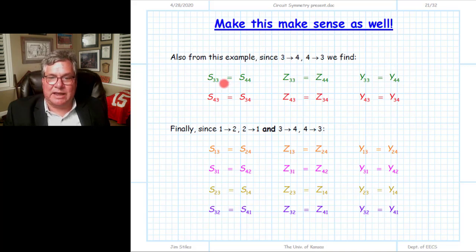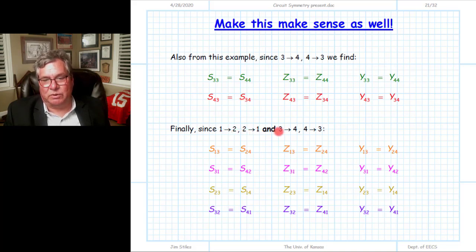And so we can calculate the value of S33, then erase that port name and call it port 4 and recalculate the scattering parameter S44, but it's going to be the same. It's the same circuit. So S33 is equal to S44, likewise for impedance and admittance. And also then we take S43, 4 goes to 3, 3 goes to 4, and so S43 must be equal to S34.